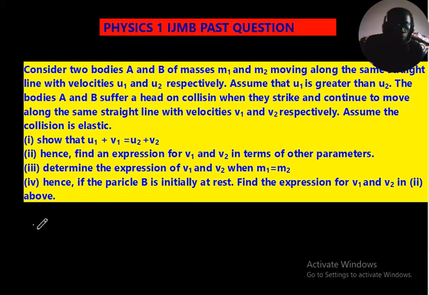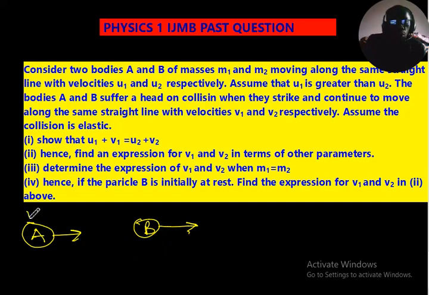So to solve this question, all I need to consider is, in that question, you need to show the direction of motion of these two bodies. Before collision, we have two bodies, A and B, moving in the same direction.